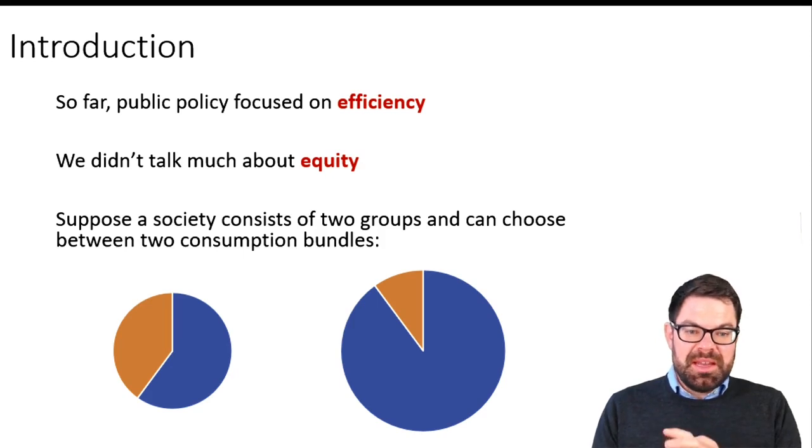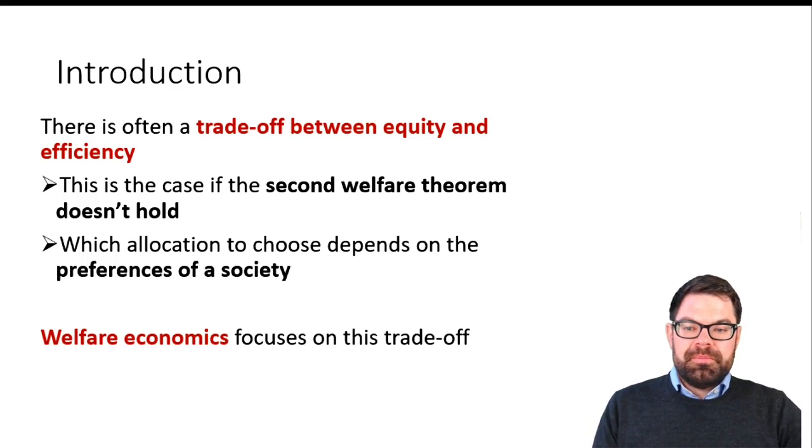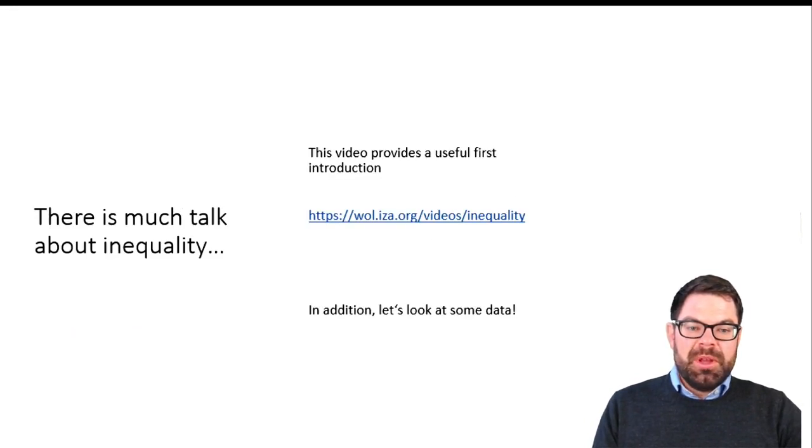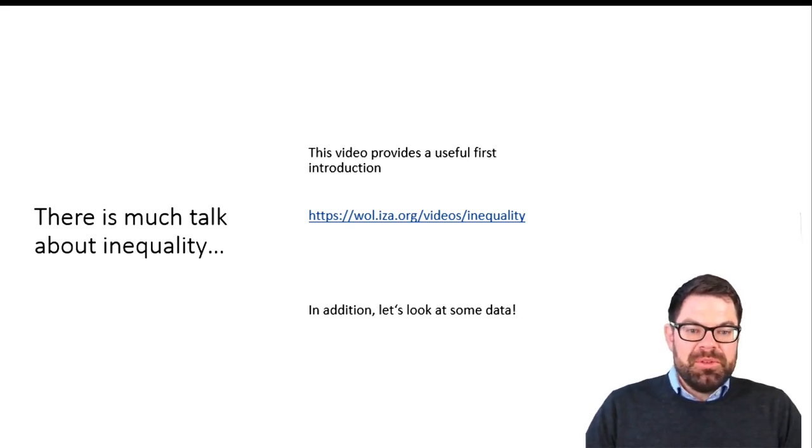And so in this lecture number 5, we will talk a lot about equity versus efficiency, but we will focus a lot more on the equity aspect. When you follow the public debate, when you read the newspaper, watch TV, YouTube, whatever you do, you come across discussions about inequality of income, inequality of wealth, or inequality of opportunity.